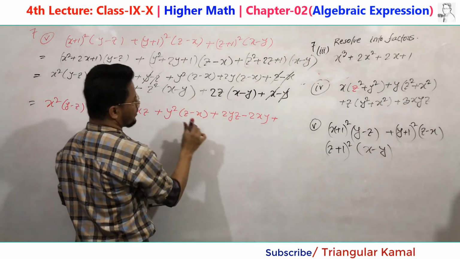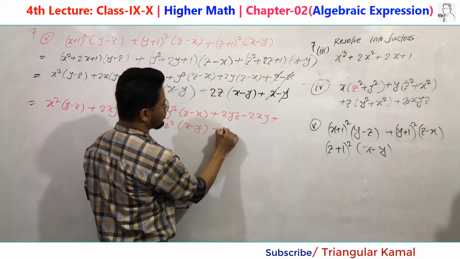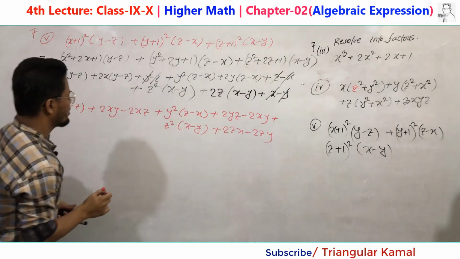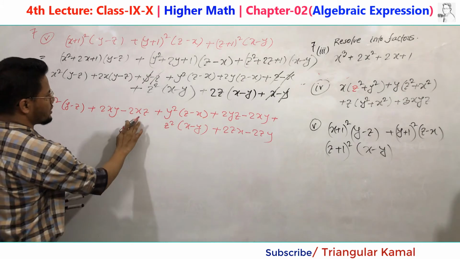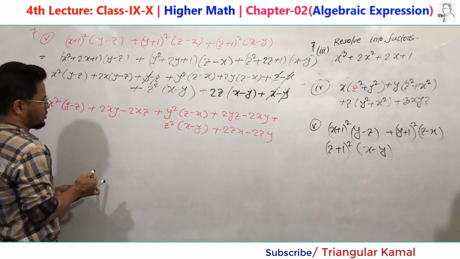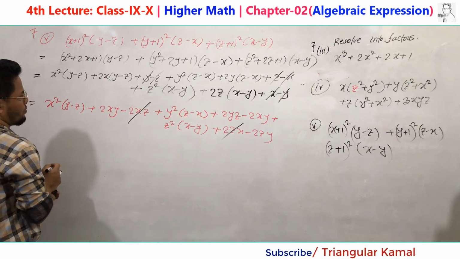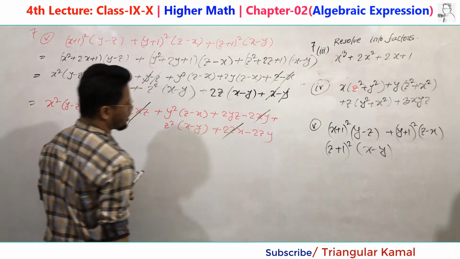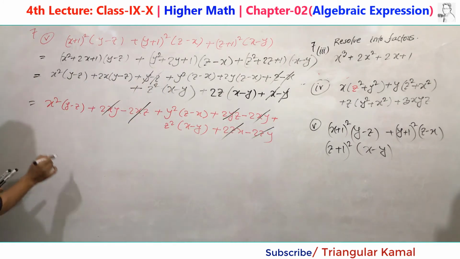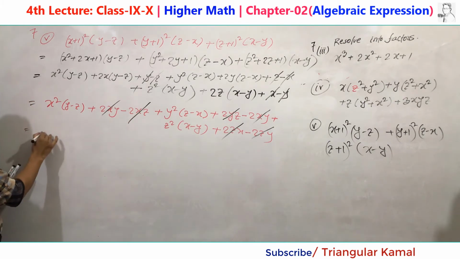Similarly z square multiply with x minus y plus twice zx minus twice zy. We can eliminate this one, plus twice zx minus twice zx, plus twice xy minus twice xy, and plus twice yz minus twice yz. What you see here? Now do simple multiply all remaining terms.